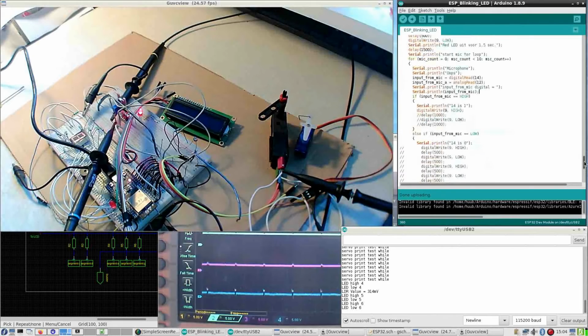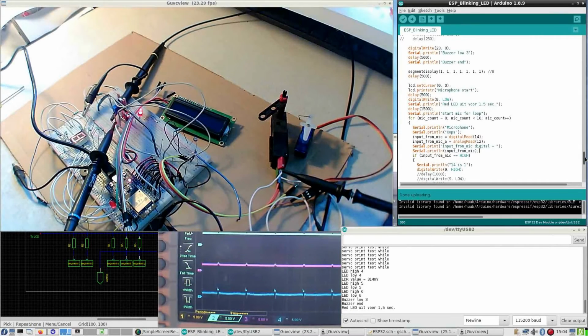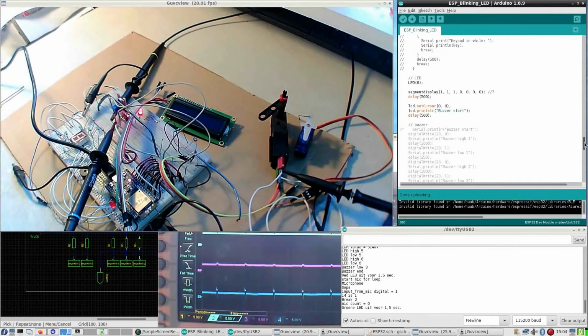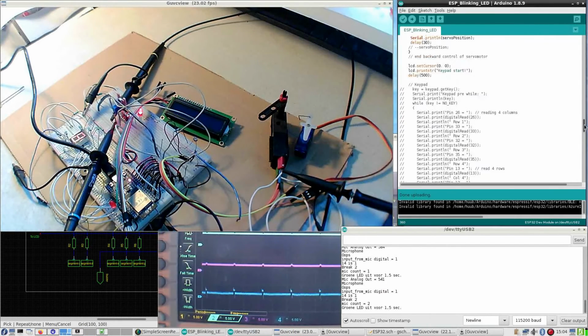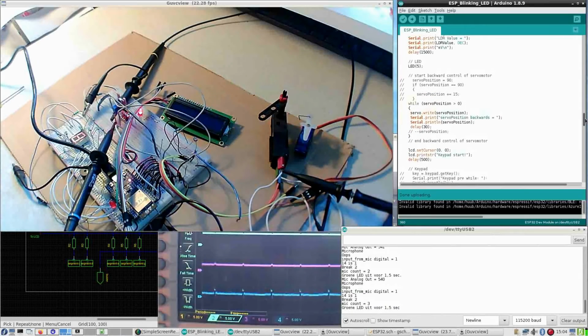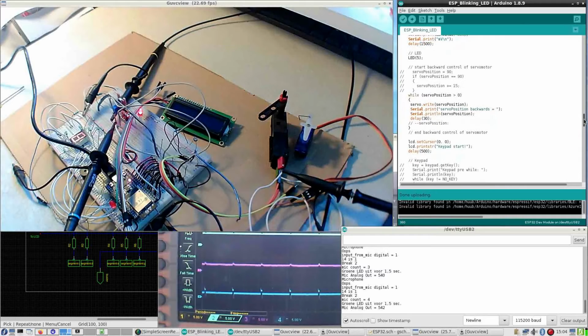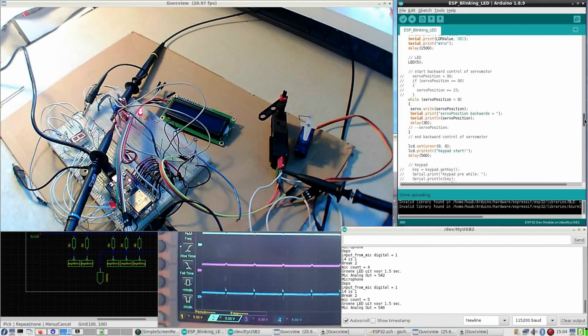Let's see where it is in the decoder. With the now defunct keypad, and here we have the motor, which is absolutely working.